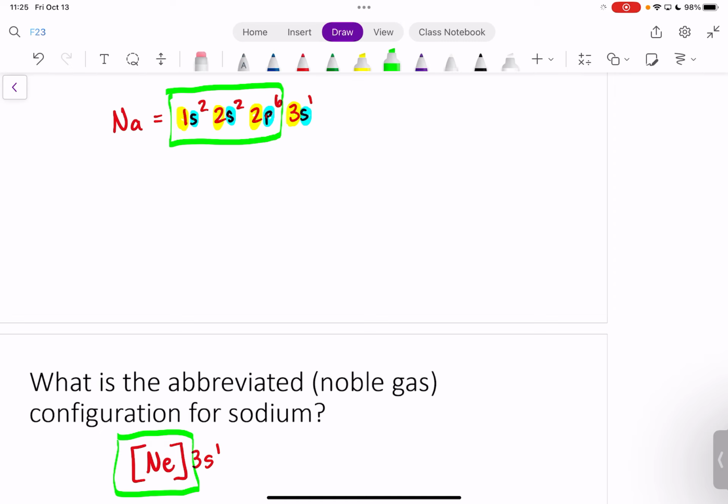It's a shorthand way of writing it, abbreviated. And why do we like this? Because it shows only the valence shell, and you can easily look and say, how many valence electrons do I have? Oh, it's just right there, 1. Sound good?